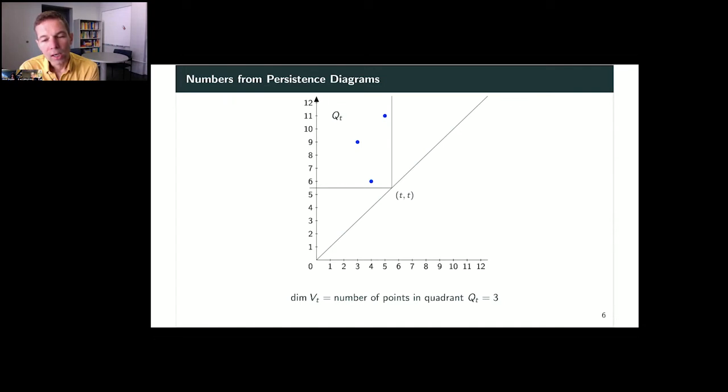Now, an important thing to keep in mind when we look at these persistence diagrams is that they're coming from experimental data that should not be thought of as a precise pair of real numbers with arbitrary accuracy. There's really some sort of error bar that should be put around these dots on the persistence diagram. And we should think about how much faith or confidence we have in this count of 3 that we've obtained.